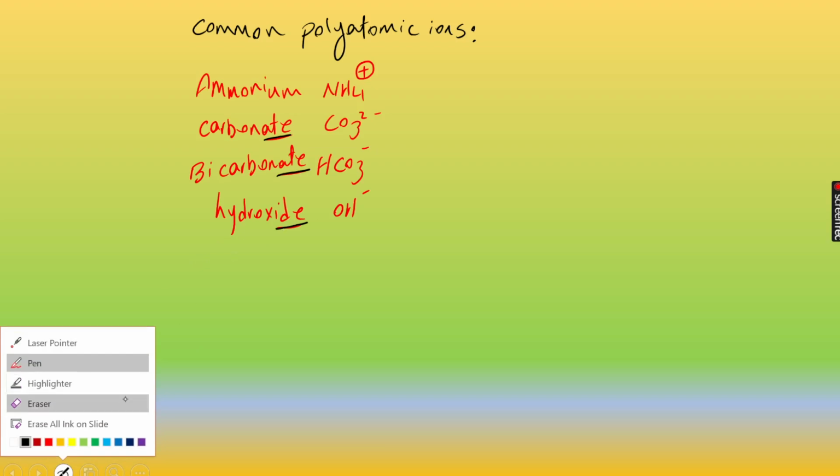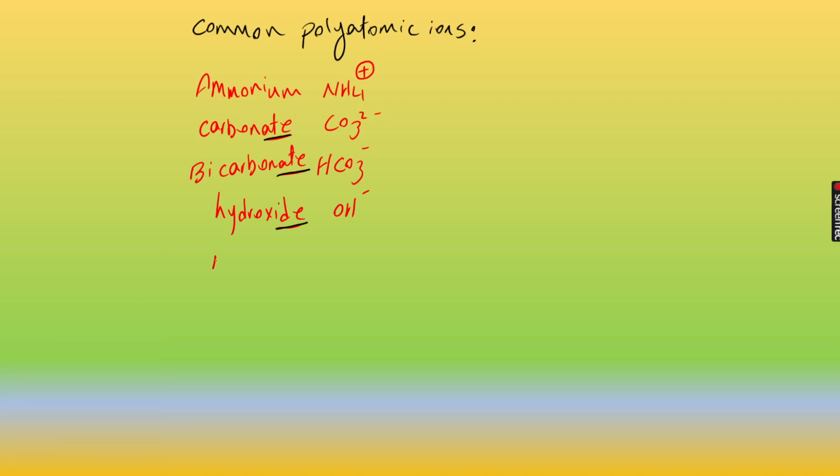Nitride and nitrate. You remember that the nitride was a binary ionic compound, and there is only one atom inside, N3 minus. If you look at part 1, you can find it.